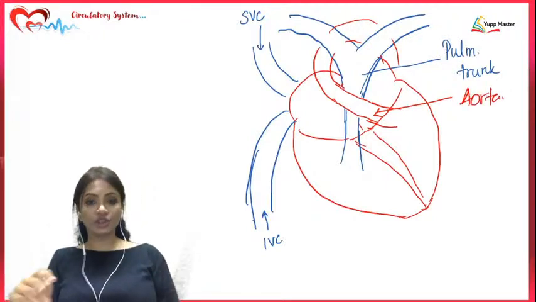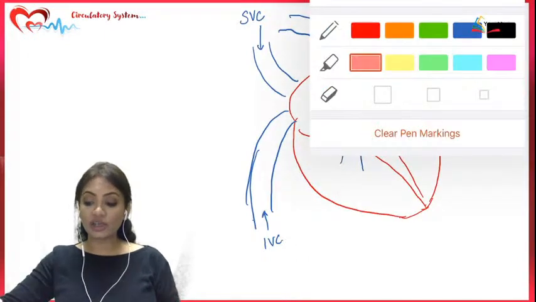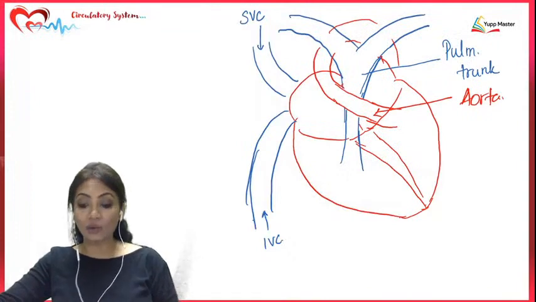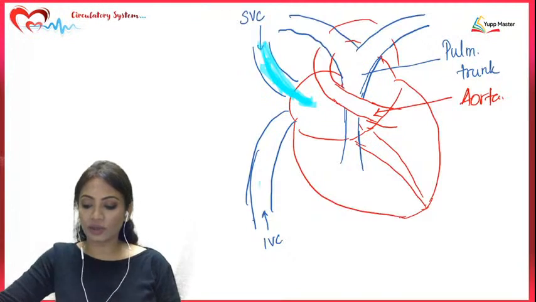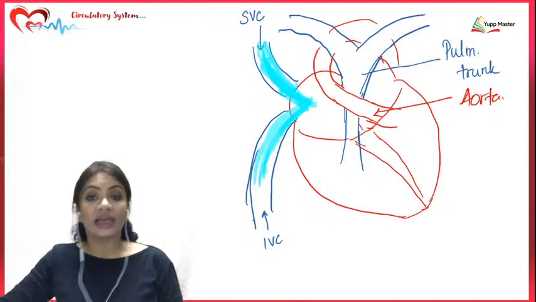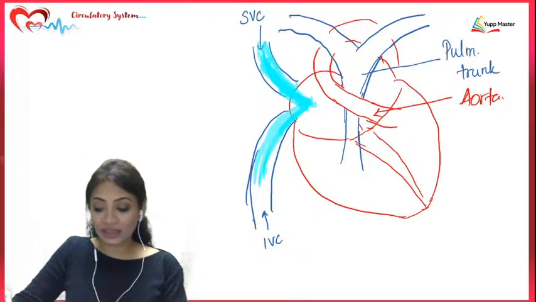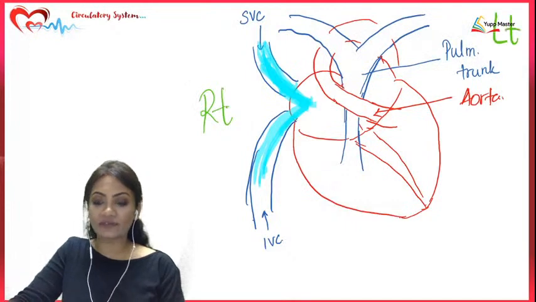Now initially how is blood entering into this system? Remember that the deoxygenated blood enters first. And how does it enter? Deoxygenated blood is entering through the superior vena cava, and also through the inferior vena cava. And the deoxygenated blood of the heart itself is coming through the coronary sinus. So first in this atrium, which atrium is this? Remember the markings, this is the right side of the heart and this is the left side of the heart.